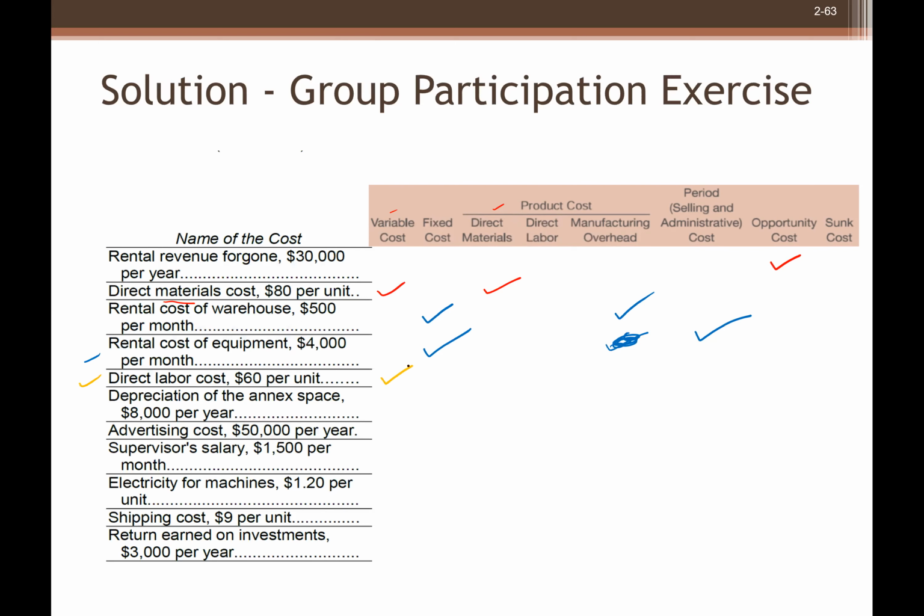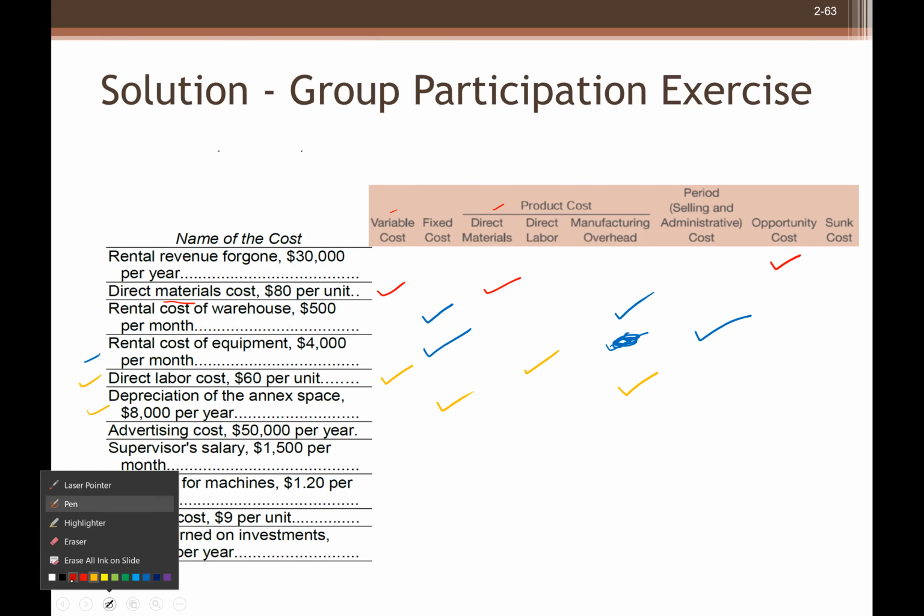Variable, it's one, right? And direct labor. Very nice. Depreciation 8,000 per year. It is fixed, right? And it also falls under the category of manufacturing overhead. Right?